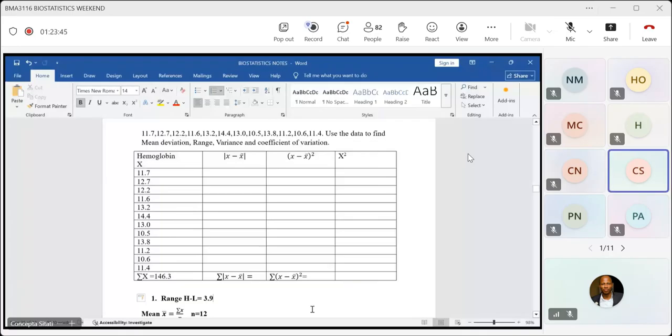Nyongesa, can you give us the information for our table 2, column 2?